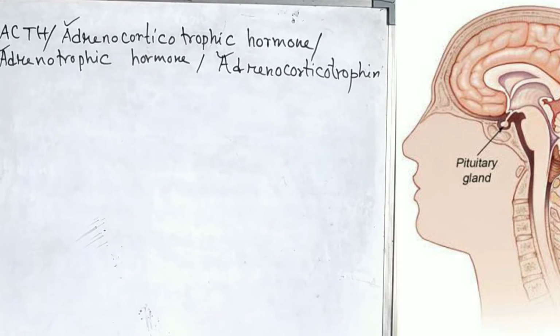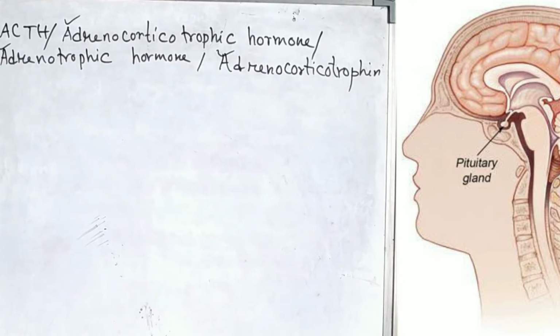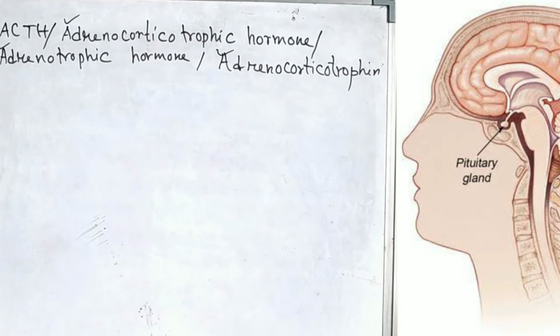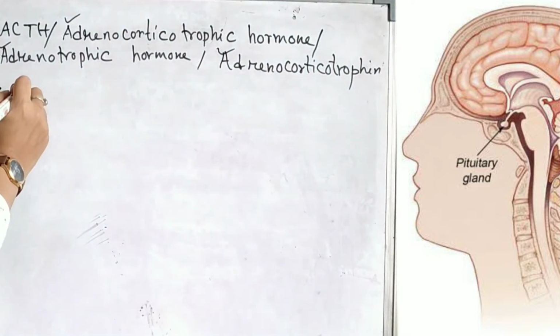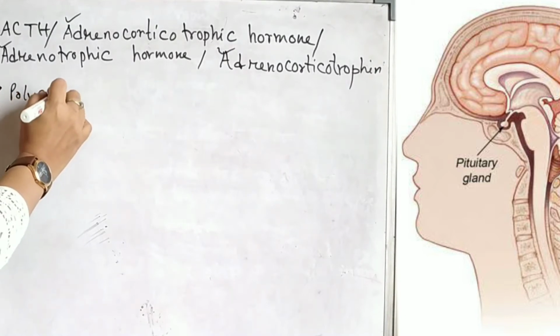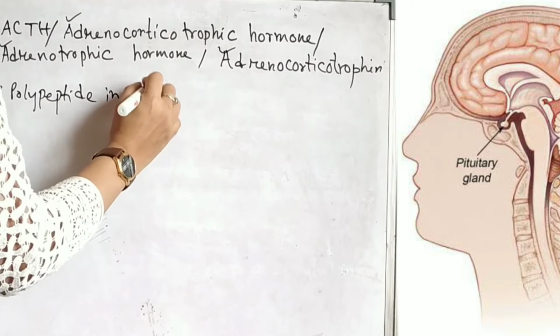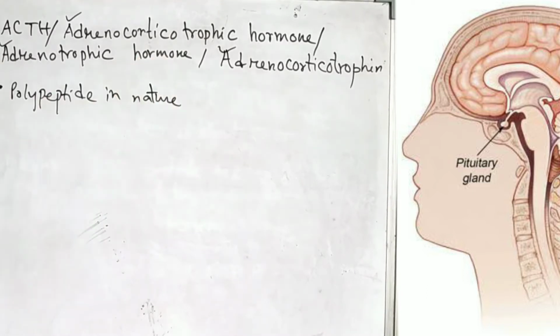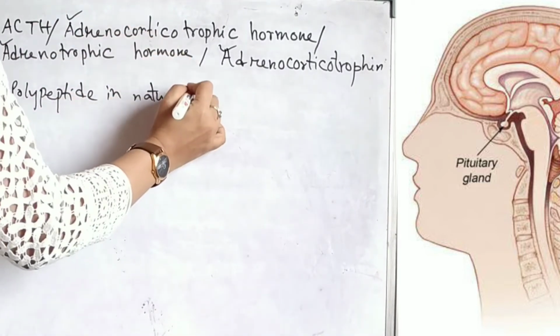This ACTH is released from the basophil cells of the pituitary. It is polypeptide in nature, having 39 amino acid residues.